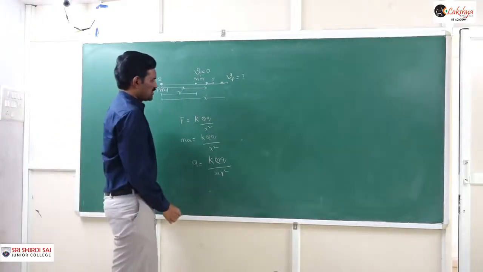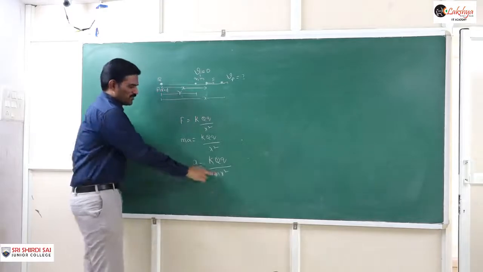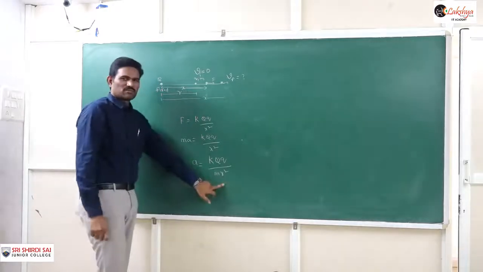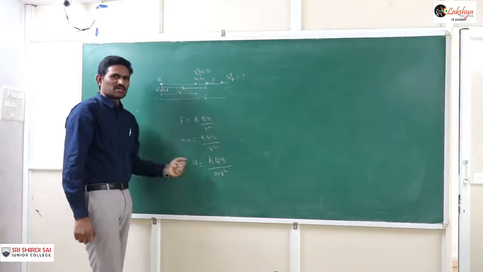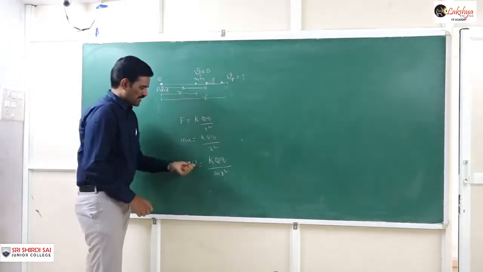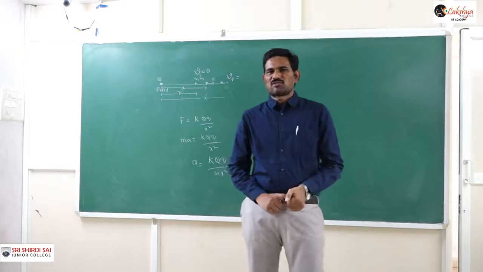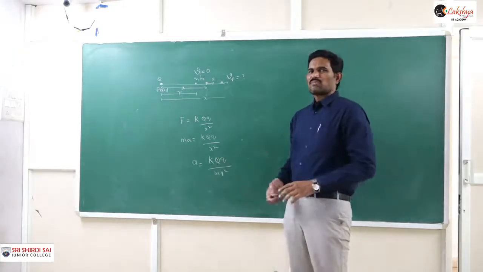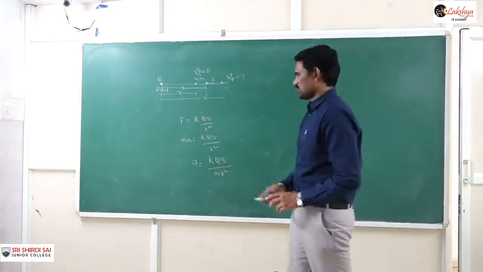From this you can observe that the acceleration of the particle is variable. That means it is a function of x. As the distance changes, the force changes, and so automatically the acceleration changes. As the acceleration is not constant, we can't use the kinematic equations. We should use calculus, that means integration, to calculate the speed of the particle.